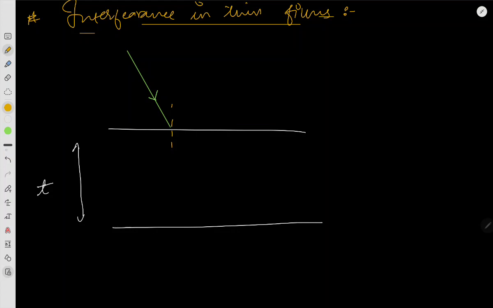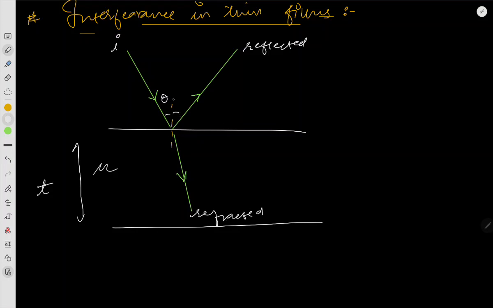One, the light would get partially reflected over there, and the other thing is that the light would get refracted inside, and there would be a bending. So this is our incident ray, this is our reflected, and this is our refracted.